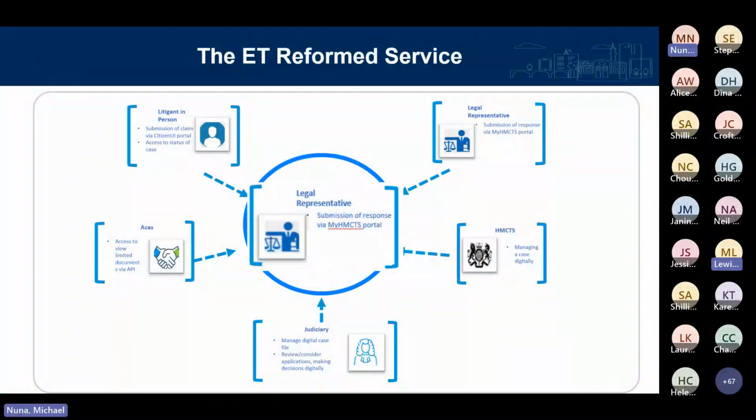Great, thank you. So today we're just going to try and focus on two parts, as Mark has explained. It's to show you where to register for MyHMCTS and the process, and then ET specific, how to submit an ET3 via the MyHMCTS portal.